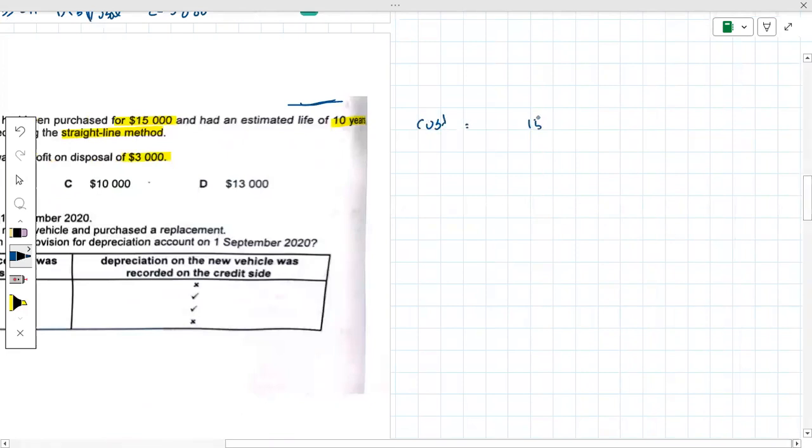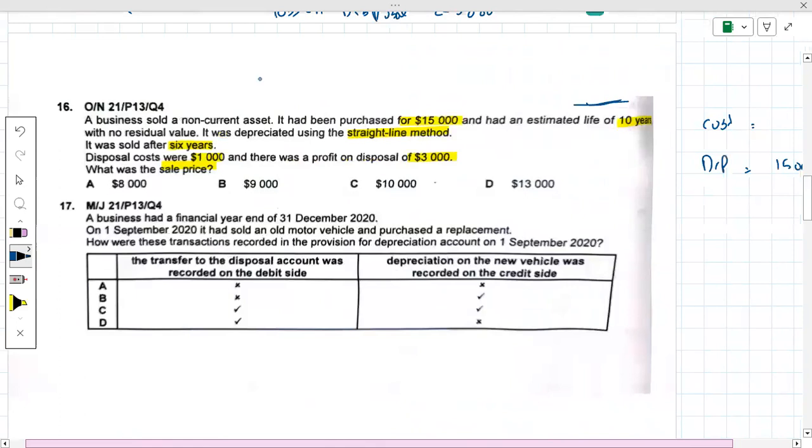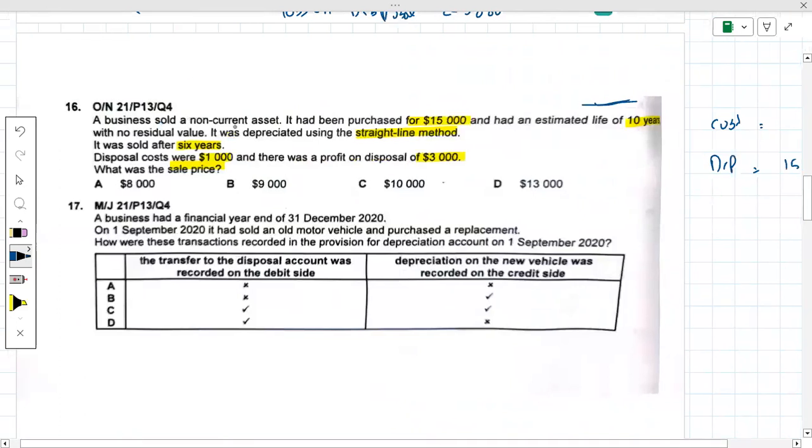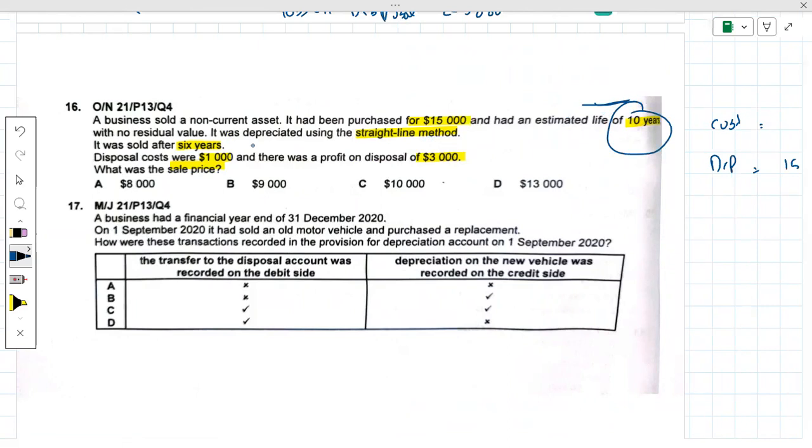And its depreciation would be, because we are using the SLM, 15,000 divided by 10 years. As you can see, the business sold a non-current asset which had been purchased for $15,000, and its estimated useful life is 10 years. Okay, but it doesn't have any residual value, and we sold it after 6 years.